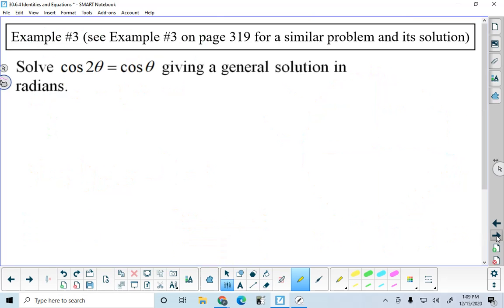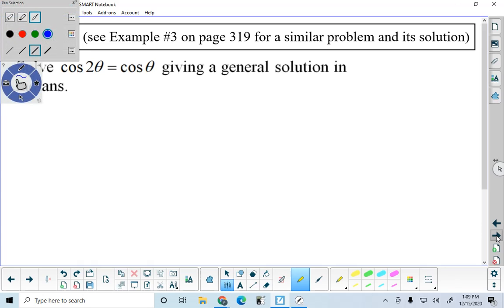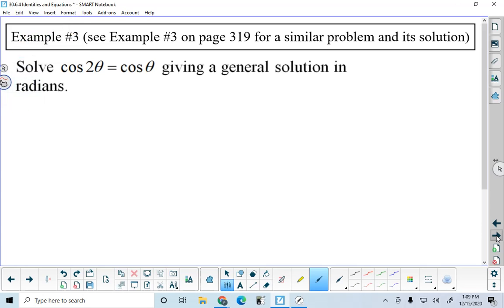Let's take a look at number 3, solve this identity. I'm going to give you a little task here in about 60 seconds to make a decision. You're going to replace cosine of 2 theta with something by using your identity sheet, your formula sheet, but cosine of 2 theta has 3 different things it can be replaced with. My question is, I want you to figure out which of the 3 we should use.